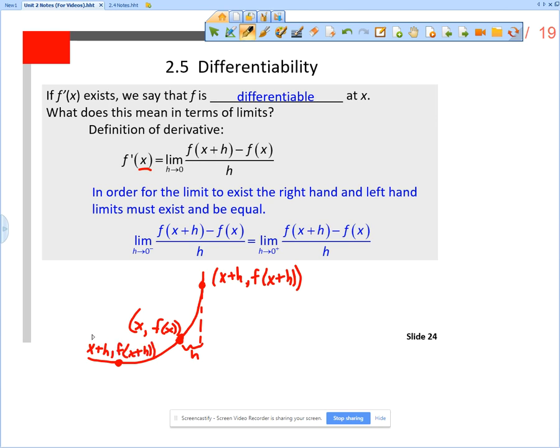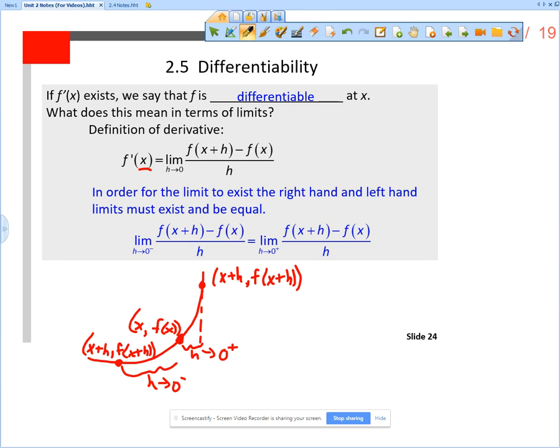But if it were over here, then that would mean that in this case, h is negative, right? So that means h is approaching 0, but from the left. Over here, if that x plus h point was on the right, that would mean that h were approaching 0 from the right.